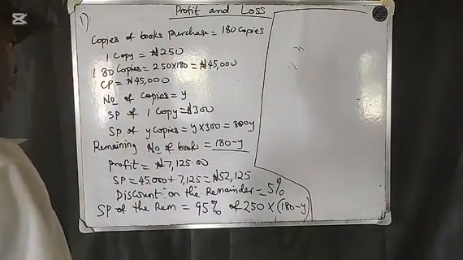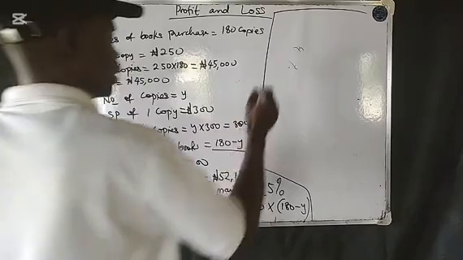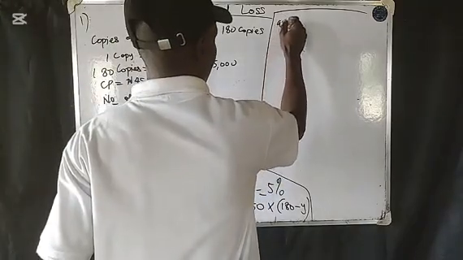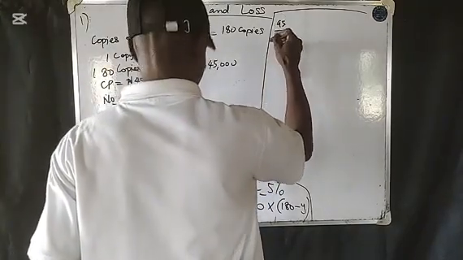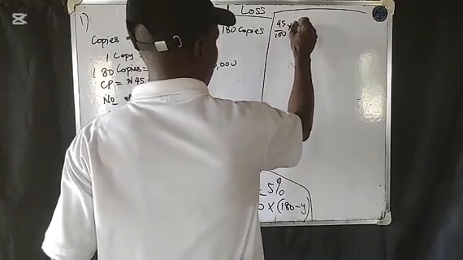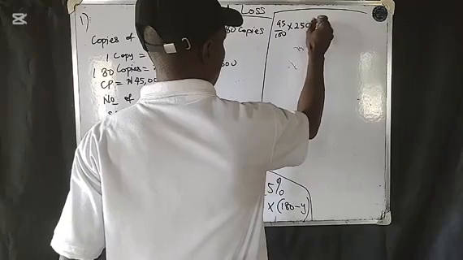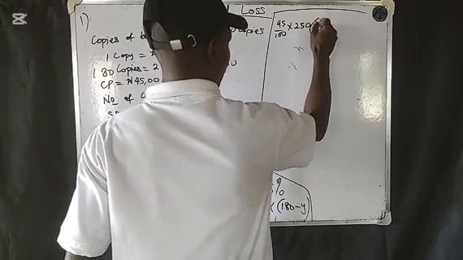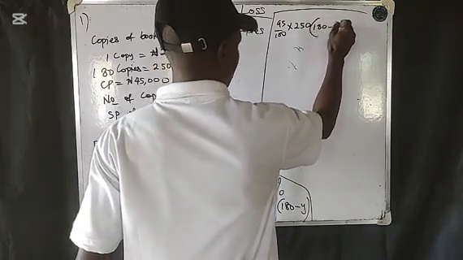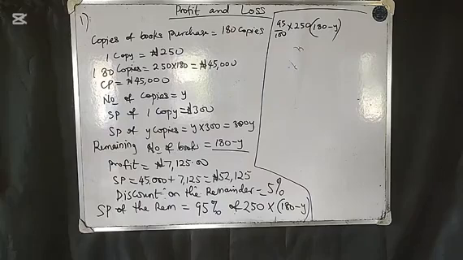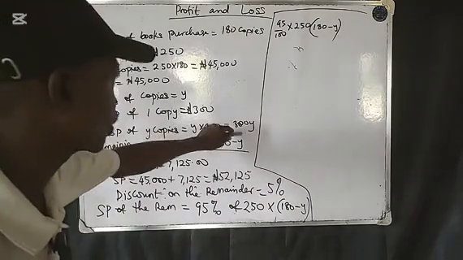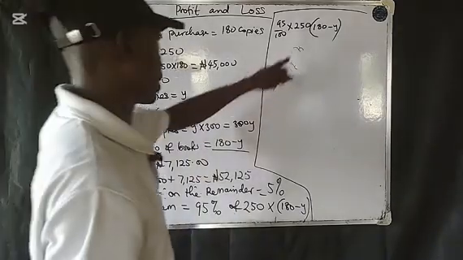Now let's find the selling price of the remaining. The selling price of the remaining will be 95 over 100 times 250 times 180 minus y. The selling price of y copies, we have this one, right? This one is the selling price of the remainder.